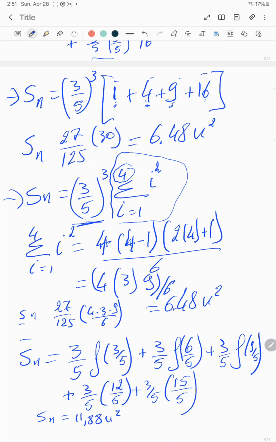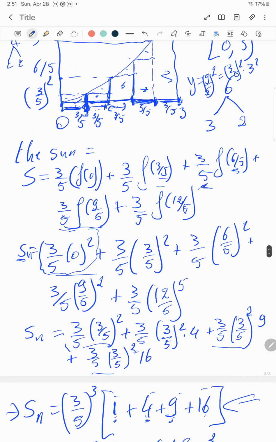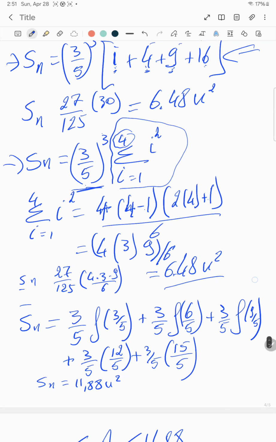Yeah, you can apply the formula, or you can do it that way. So the area under my curve will be between 11.88 and whatever answer we had here, which is 6.48.